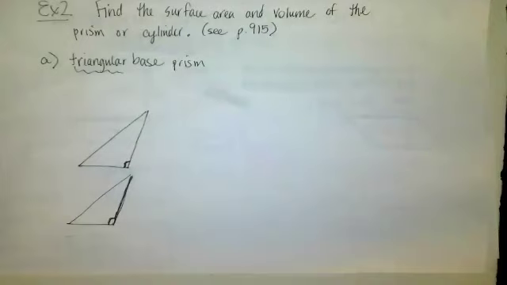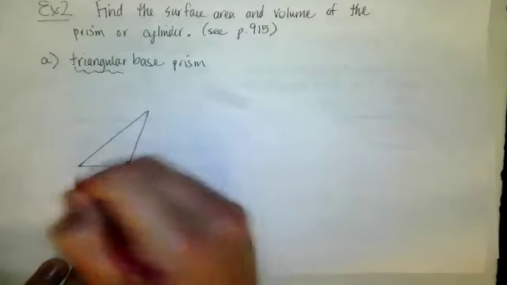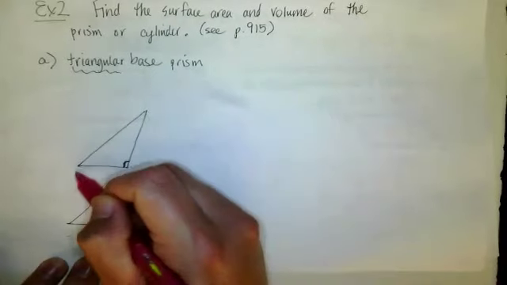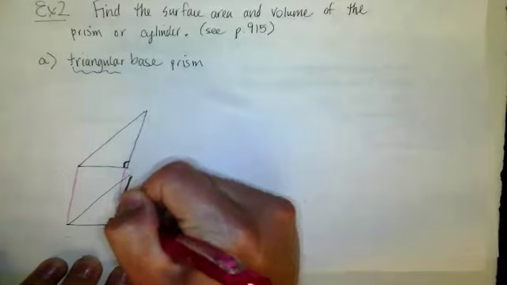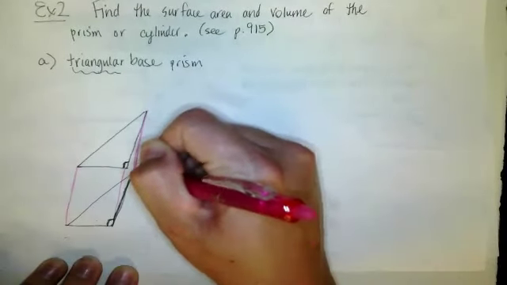A prism always has some sort of shape on the bottom and top. That's the base. And then all the lateral sides are connected by rectangles. So all I'm going to do, once I have my two bases drawn, is just connect them with lines. And there is my three-dimensional figure.